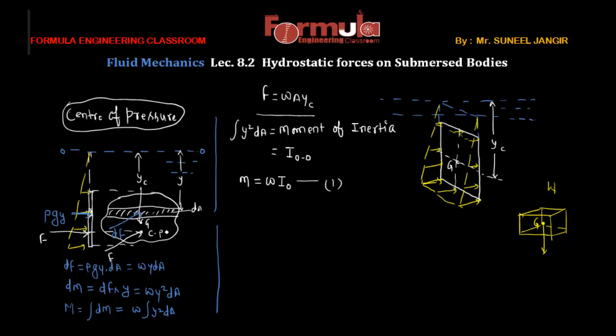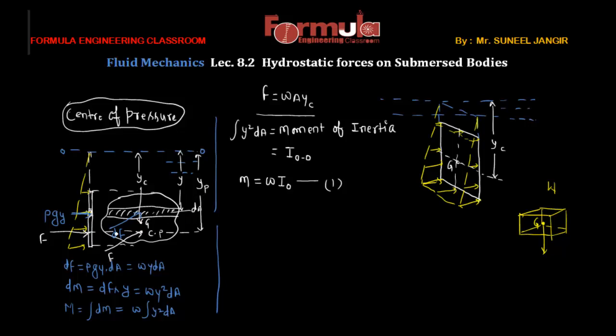Okay, now let the distance of this point from the free surface of fluid be yp. Again, we don't know how much yp is, but we are simply saying let there be some point here, that is we are defining the center of pressure, and let the distance of the center of pressure from the free surface of fluid be yp.